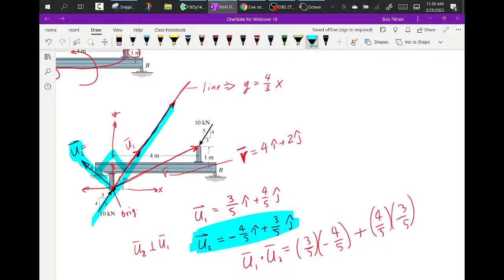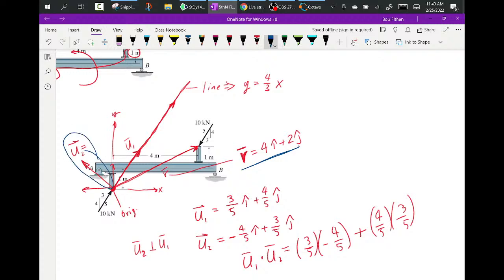Why do I want that? Here's why. Let me get rid of some of this blue, because I want to take the vector that is r here, and I want to dot it with that. Actually, I can take this u and turn it the other way too.